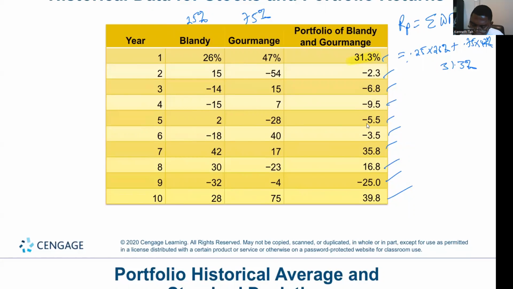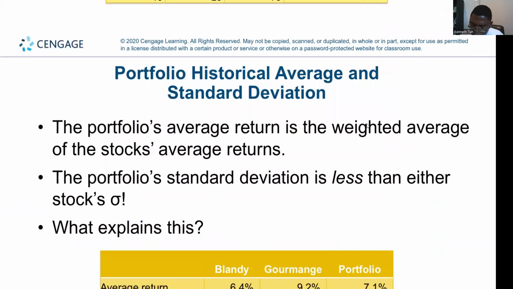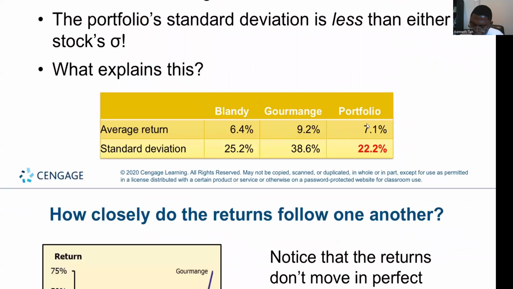We take 31.3 plus negative 2.3 plus negative 6.8 and so on. We end up with a portfolio risk of 22.2 and a portfolio average return of 7.1.